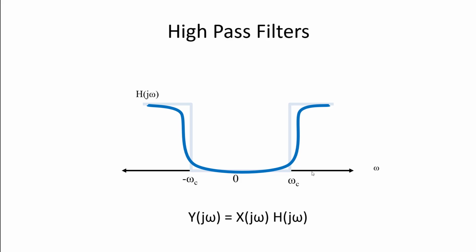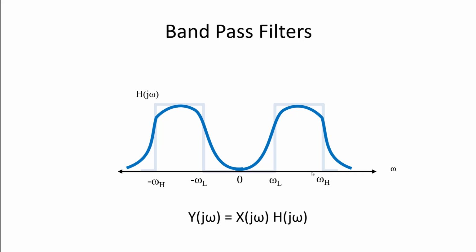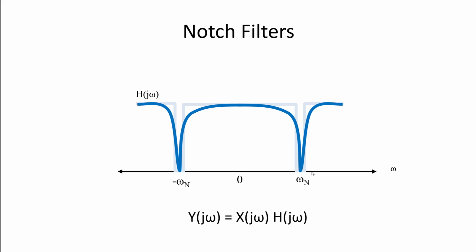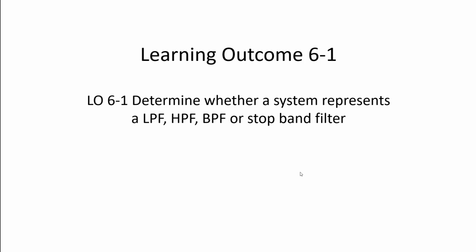This is how a real high-pass filter might appear. A real band-pass filter. A real band-stop filter. And, finally, a real notch filter, where a real notch filter comes down to a 0 at a point. I hope now you have a feeling for what these very special filter types look like.